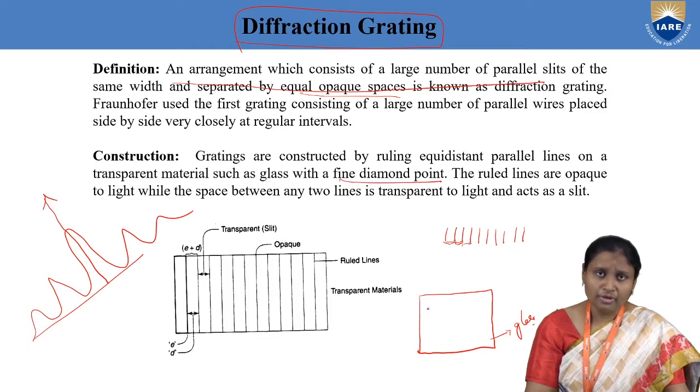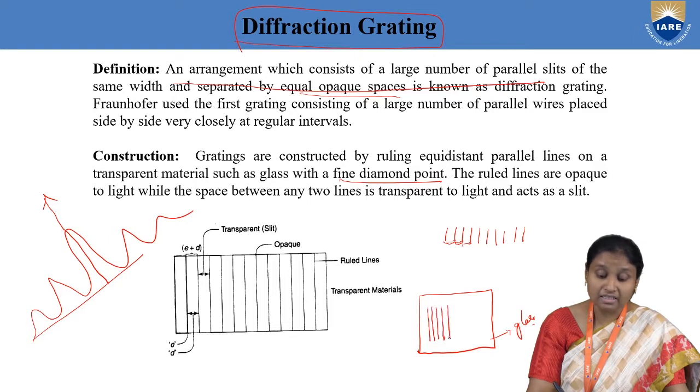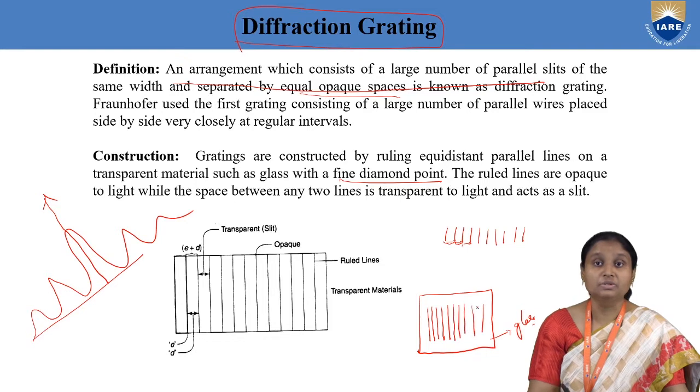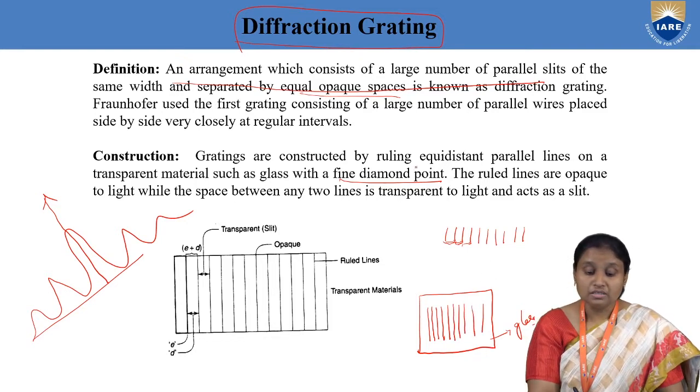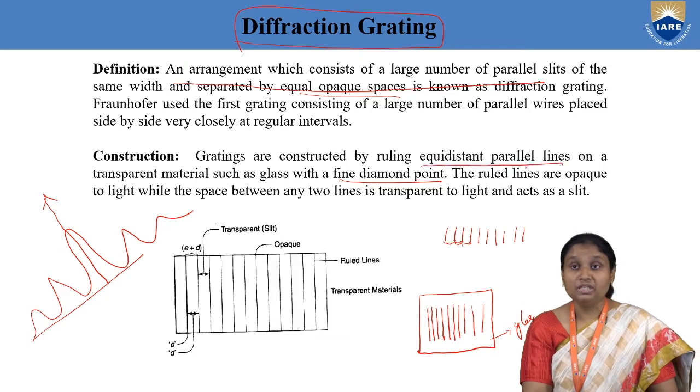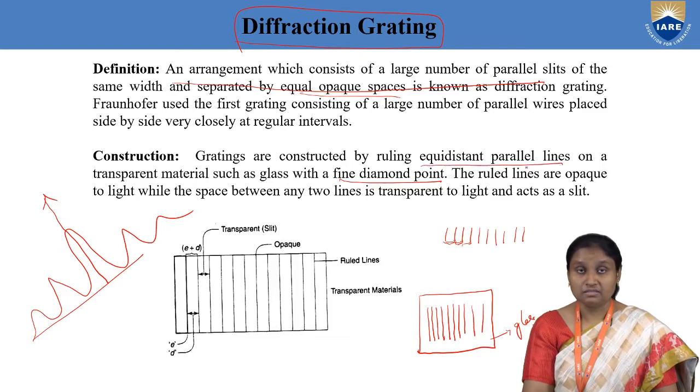What do you mean by rulings? This is just like scribing. I'm drawing fine vertical lines, and when drawing them, they should be parallel and equidistant from each other. So I'm going to draw rulings, and these rulings should be equidistant parallel lines.